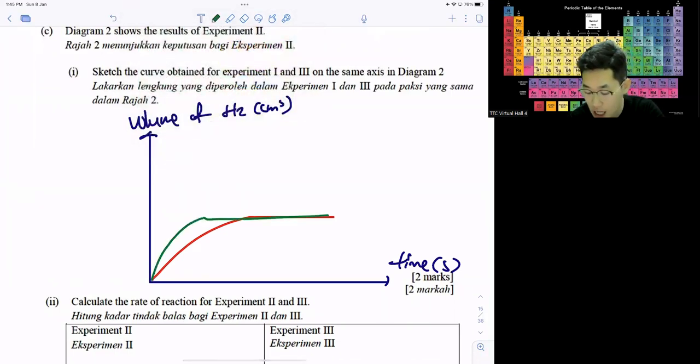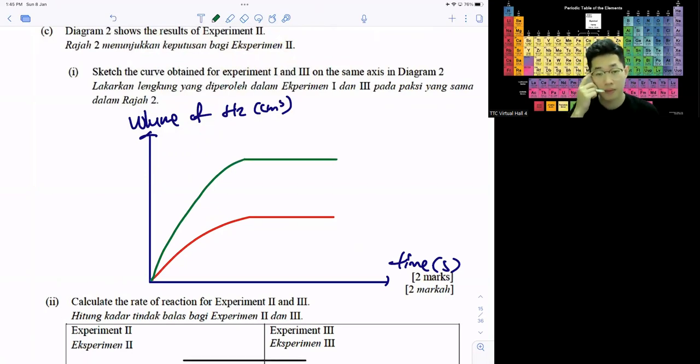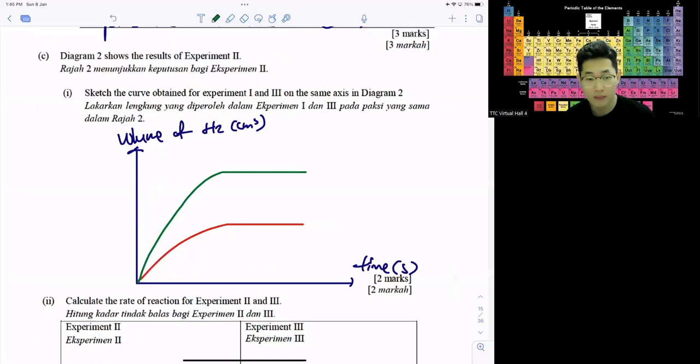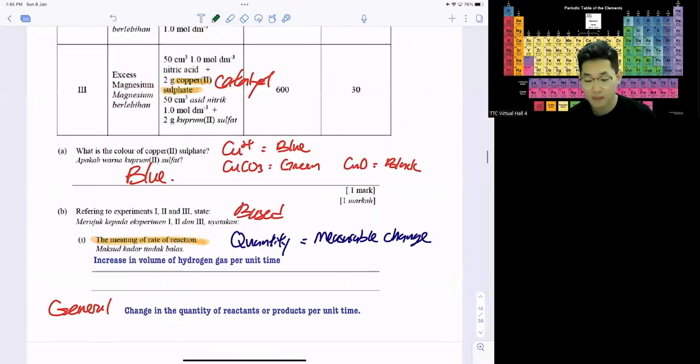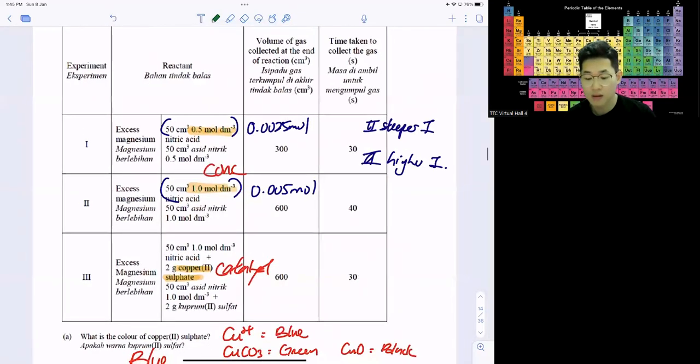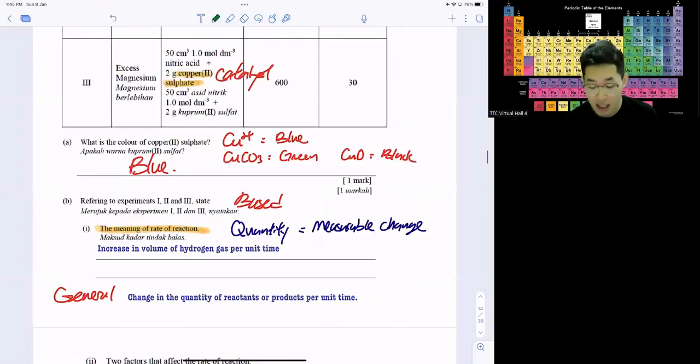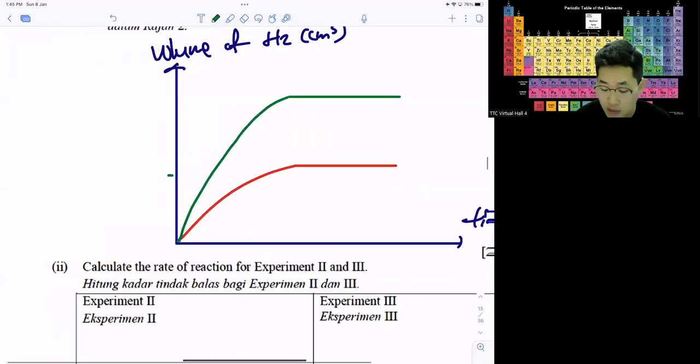And then 2 is higher, and also steeper than 1. And you can see they are also very good: they even give you the volume of gas here, 300 and 600. Since they are given, we have to label them. So this one will be 300, 600.